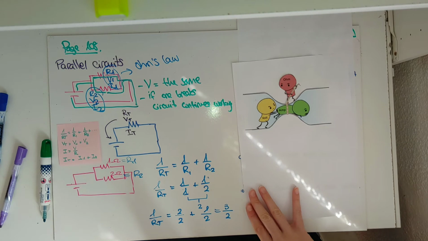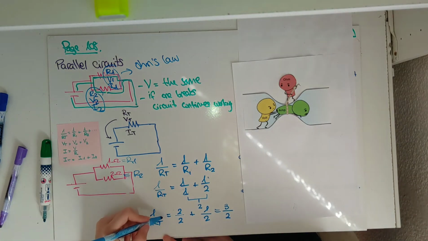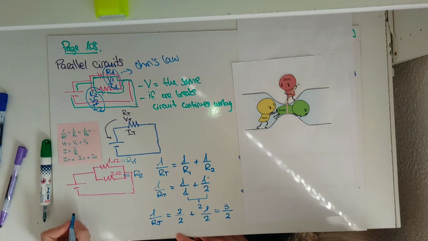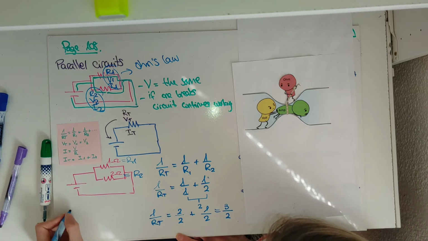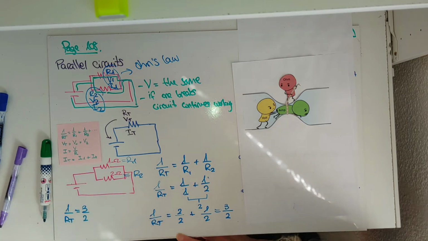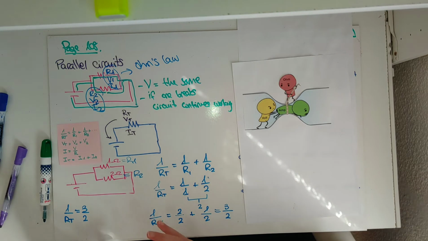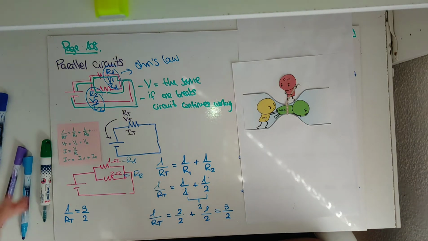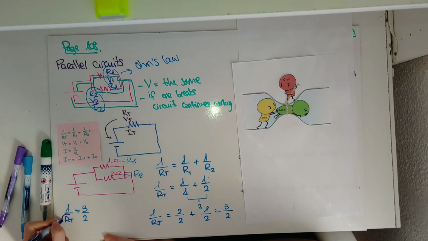Now, be careful because this is not the solution, okay? 1 divided by total resistance is 3 divided by 2. What I have to do to solve this is to move the total resistance to the upper part.